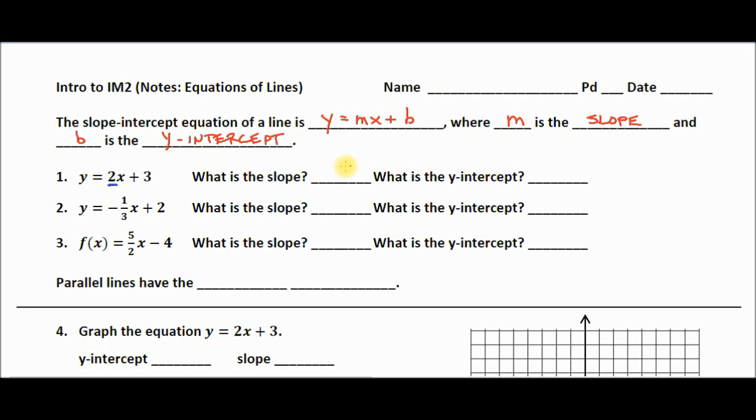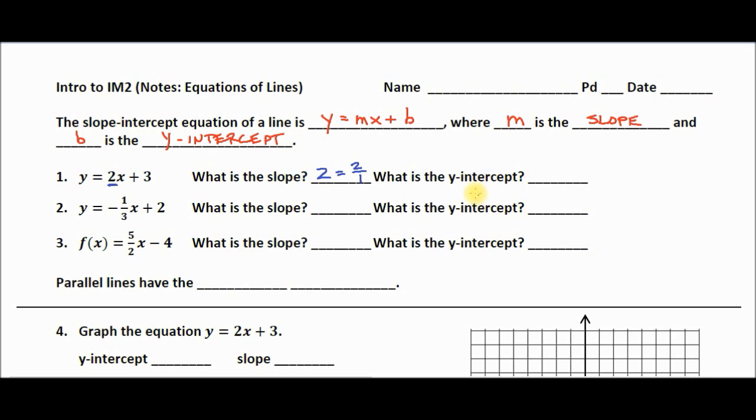The slope here is 2. Now I like to write my slope as a fraction, so you could also write your slope as 2 over 1. Remember, any number put over the denominator of 1 doesn't change the number. 2 over 1 is equal to 2, 7 over 1 is equal to 7, negative 5 over 1 is equal to negative 5.